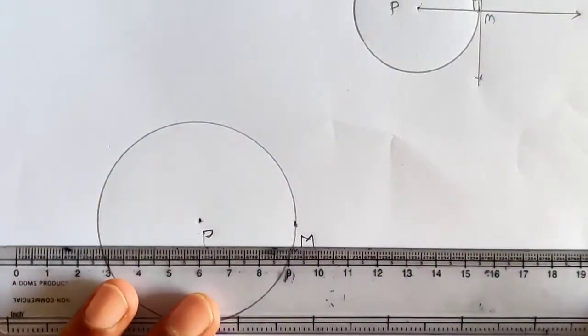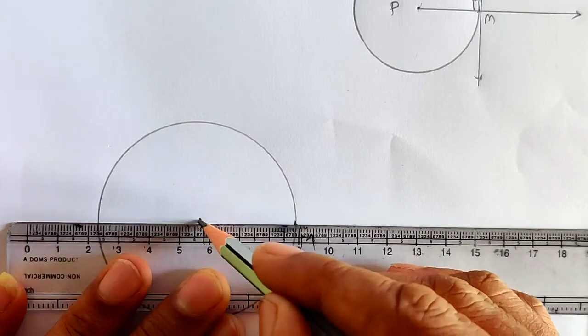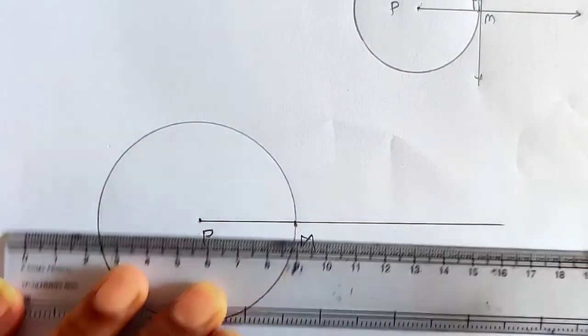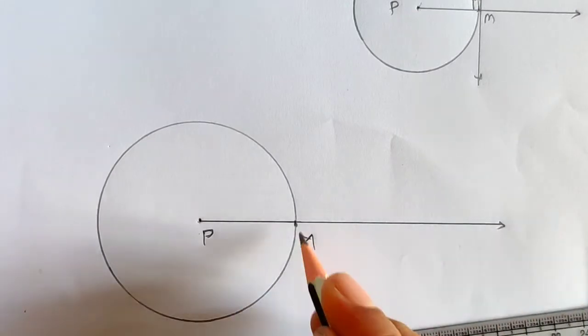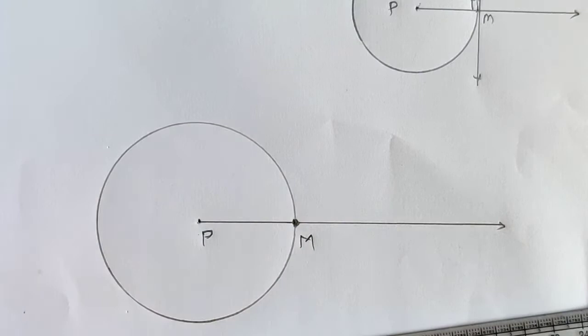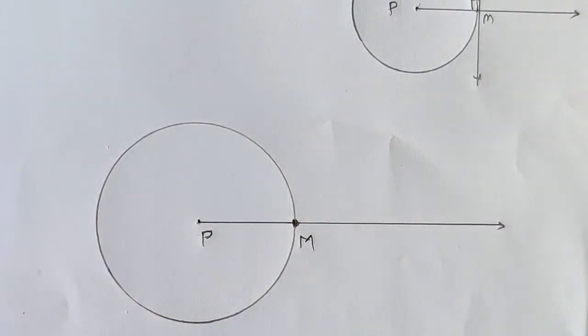Next, first step, draw the radius PM and extend it. This is the first process.